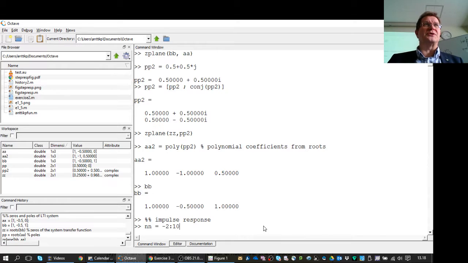My order number is 2, second order. 3 parameters on the numerator and denominator polynomials, starting from the 0th order. Okay, so this is the region of interest.